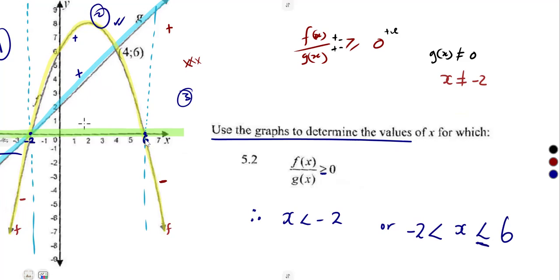It does not affect g, because when x is 6, it is f which is affected. At that moment f will be equal to 0, so whether we've got 0 over 1, 0 over 2, we're going to get a 0, so it satisfies that it can be greater than or equal to 0 at 6. That is it. But minus 2, totally out, it cannot be equal to minus 2.